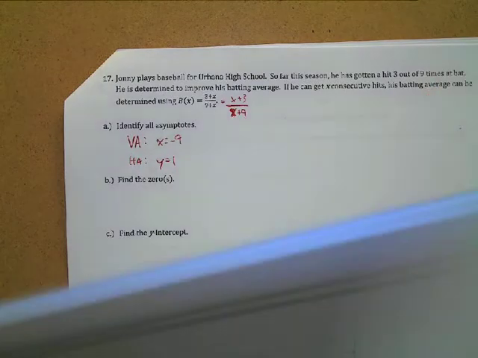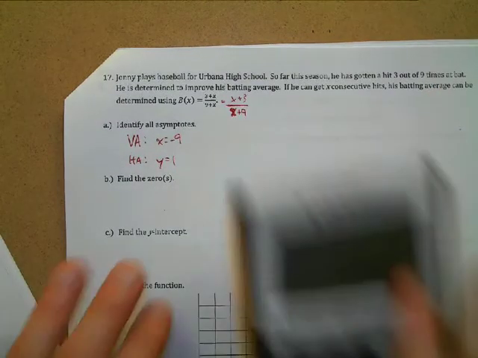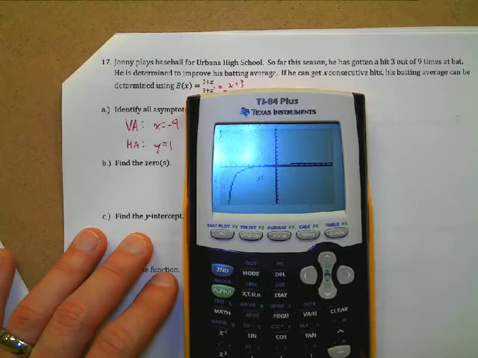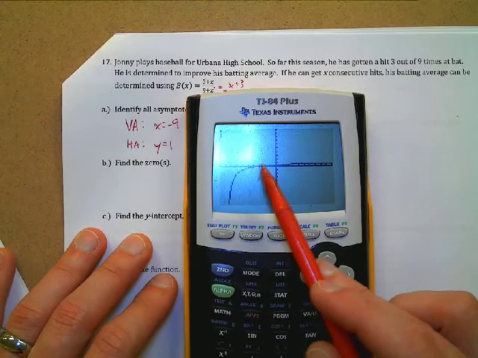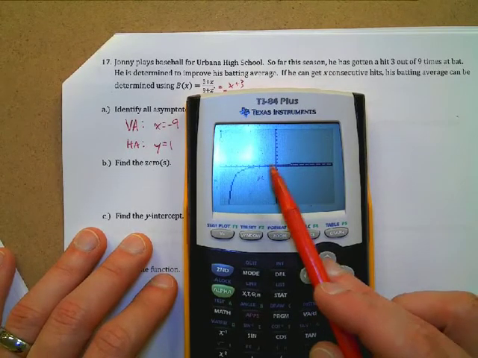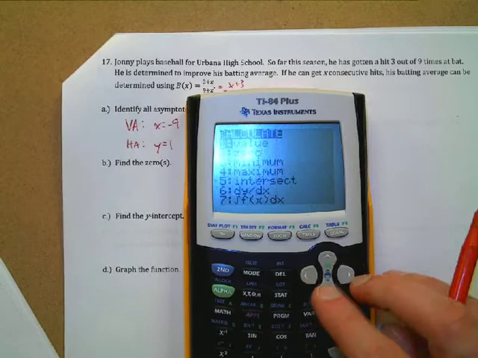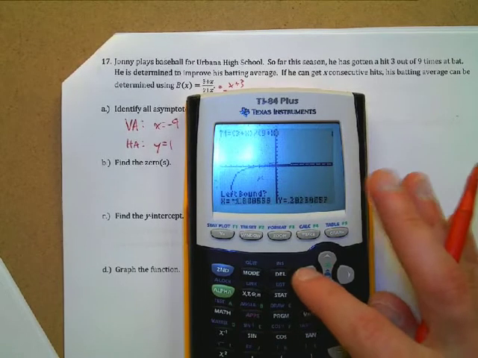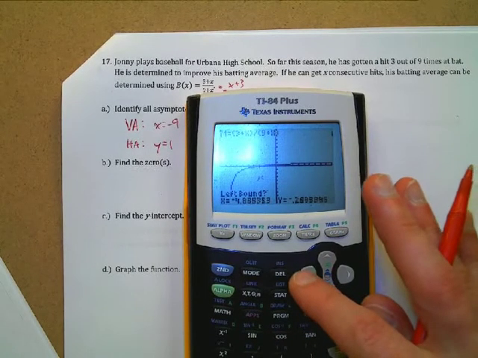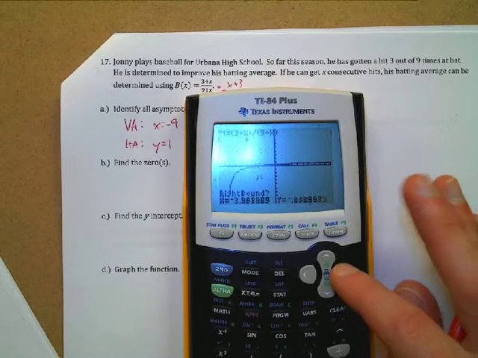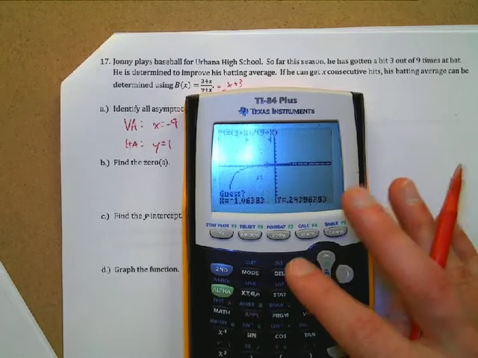Find the 0. Again, you can go to your graphing calculator and use the 0 command. You can see where it crosses. Heck, you might even be able to count that, 1, 2, 3. But let's do second trace, 0 command. Go to the left of your 0, hit enter. Go to the right of your 0, hit enter. Go in for the guess and hit enter.